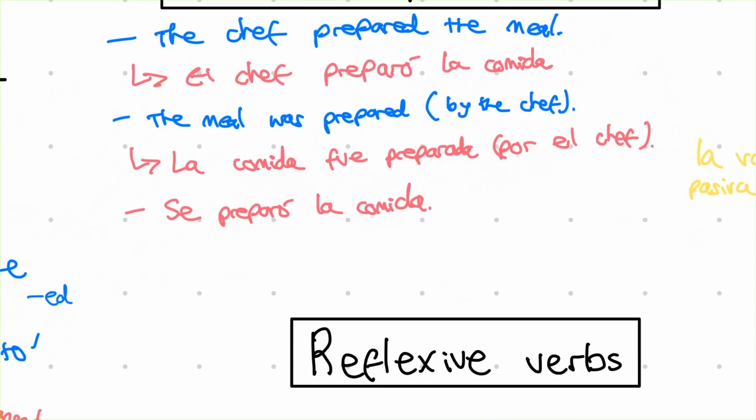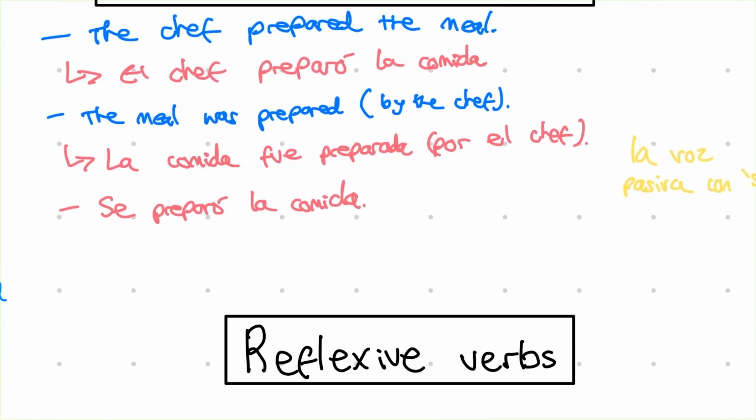Se preparó la comida. So to form this passive voice con se, we have the se pronoun here, which never changes. Preparó, this third person preterite tense verb, changes depending on la comida. So we could say se prepararon las comidas. If it was the meals were prepared, se prepararon, that third person, but plural this time, preterite tense, las comidas.